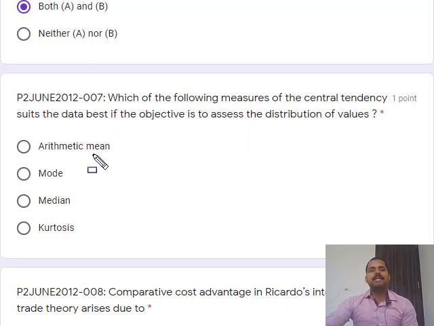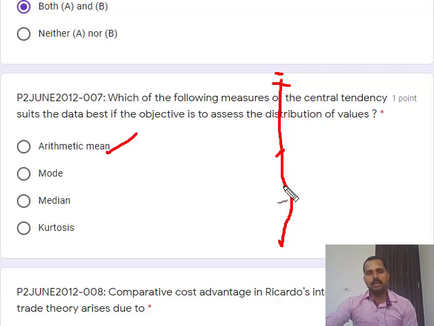You know that the mean is affected by extreme values, but the median is not affected by the extreme values. Suppose this is the data set, then the arithmetic mean may be affected by the extreme value. If the extreme value is larger, then the mean can be far from the middle of the data.